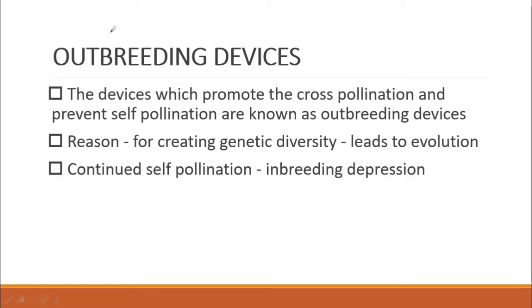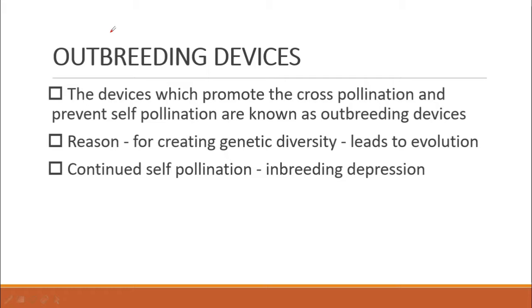What happens when there is continuous inbreeding? Continuous self-pollination would definitely lead to very genetically identical progenies. However, continuous self-breeding would eventually create a very important problem, that is inbreeding depression, in which the progeny becomes so weak and so susceptible to various genetic disorders that one small disease could not only destroy a single plant, because of their unique similar genetic material, it could literally destroy the entire field.